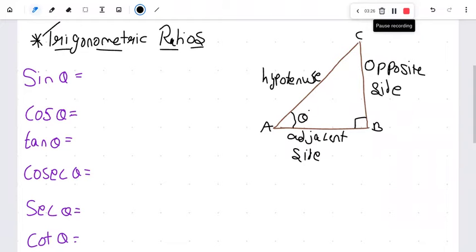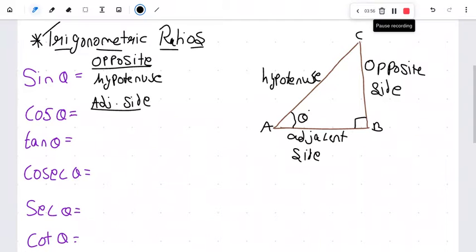Sine theta is nothing but the opposite side with respect to the angle given, remember, with respect to the angle, opposite side by the hypotenuse. Next is cos theta, that is the side adjacent to the angle given, divided by hypotenuse.